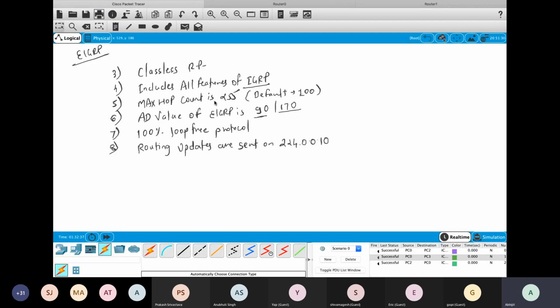RIP used to send the routing updates on 224.0.0.9, but there is one big difference between RIP and EIGRP: RIP uses something called periodic updates. Make sense? And EIGRP uses something called triggered updates.